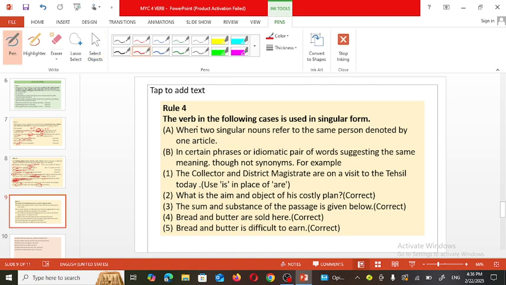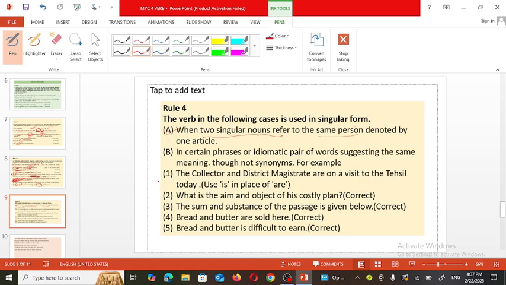Fourth rule. The verb in these following cases is used in the singular form. So when can we use the verb in its singular form? First condition: when two singular nouns refer to the same person, meaning when we are using two nouns for the same person, in such a case we have to consider them as a singular one.